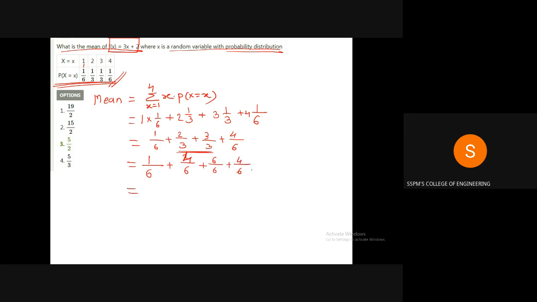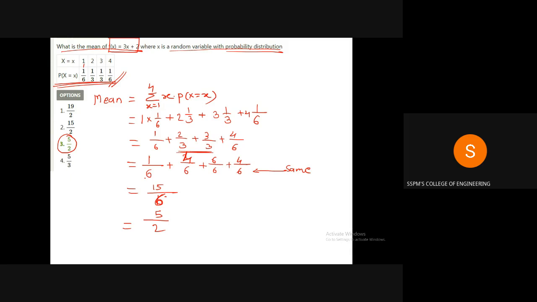So now all the denominators are equal, so we will just add the numerators. What is the addition of the numerators? It is 6 plus 4, it is 10, 10 plus 4, 14 plus 1, it is 15 divided by 6. If we divide the whole quotient by 3, we have 3 5s are 15 and 3 2s are 6. So the correct option is the third one, that is 5 divided by 2.